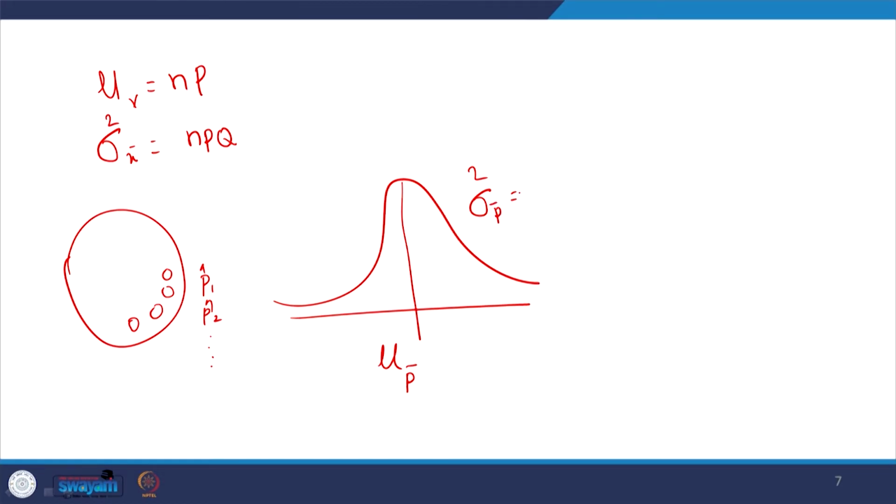Since we have taken a sample of size n from the population, mu of p hat equals mu of x divided by n. So mu x we can write as nP divided by n, that is nothing but the population P.